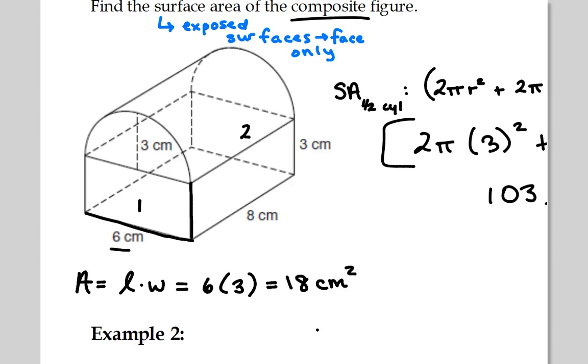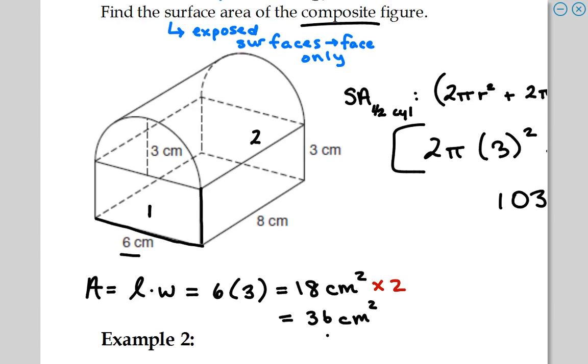And what should I do with that 18? That's only one of the faces, right? So what could you do to that number? Double it up. Why would I double it up? Good. There's two of them. Okay. Any questions about that? We're just trying to break this problem into simpler steps.